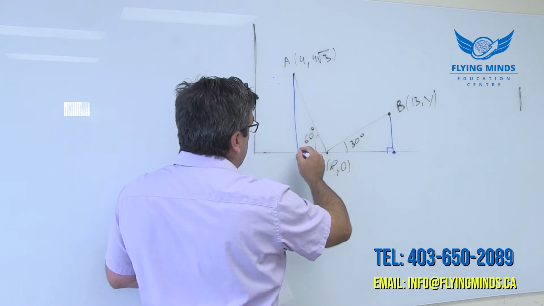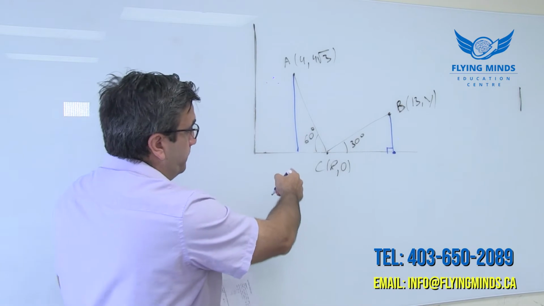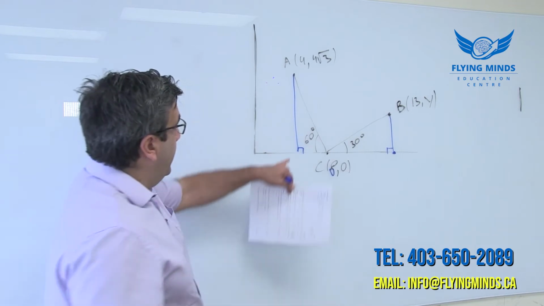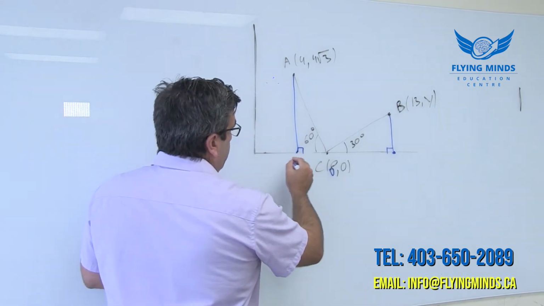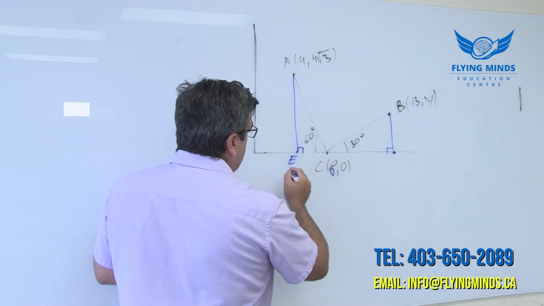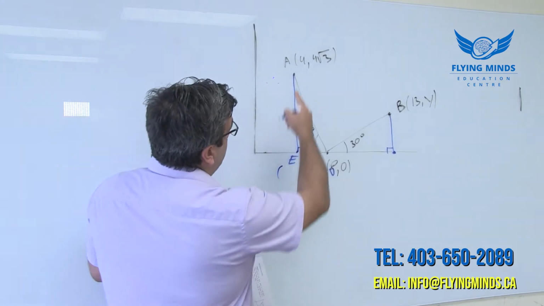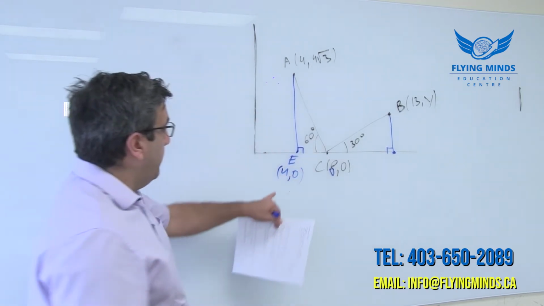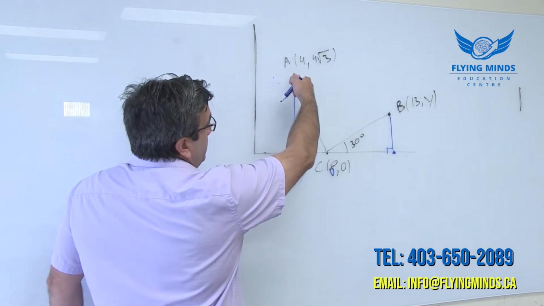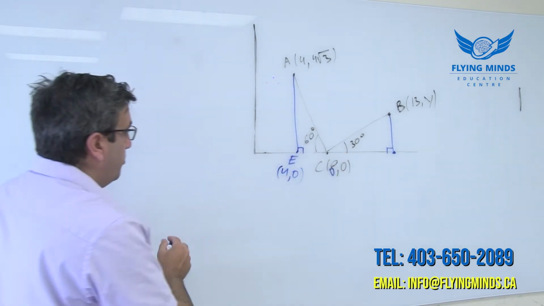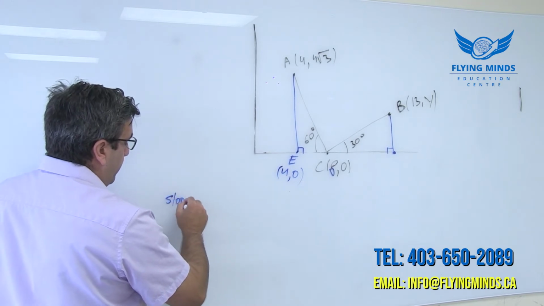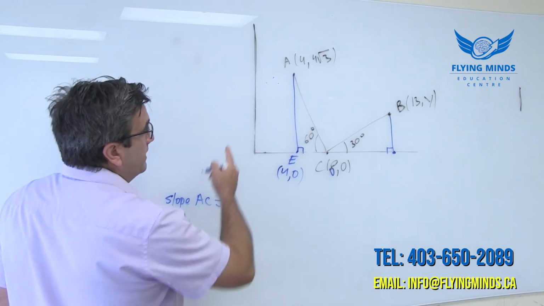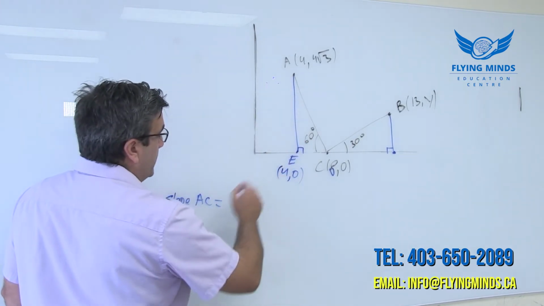So we can draw a perpendicular from point A to the x-axis. The coordinate of this point, let's make it point E, will be 4, 0. Now we can find the slope of AC, which equals rise over run.